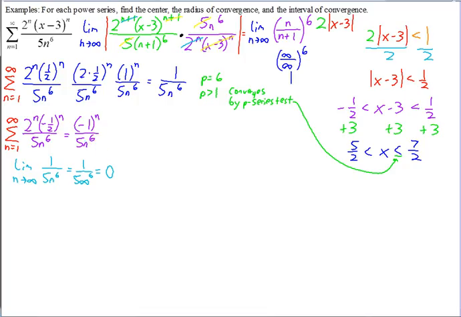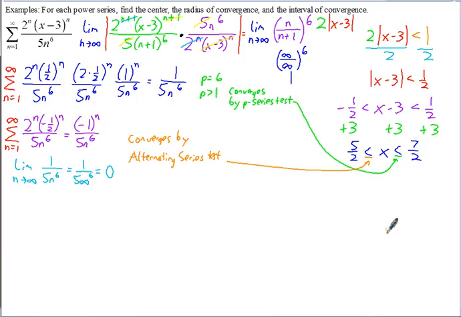So this one also converges when x is 5 over 2, by the alternating series test. So we'll also add the or equal to right there.